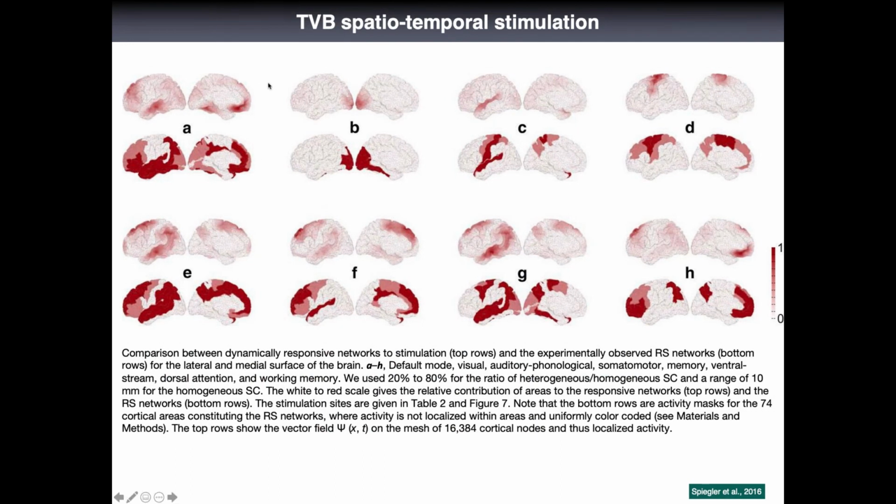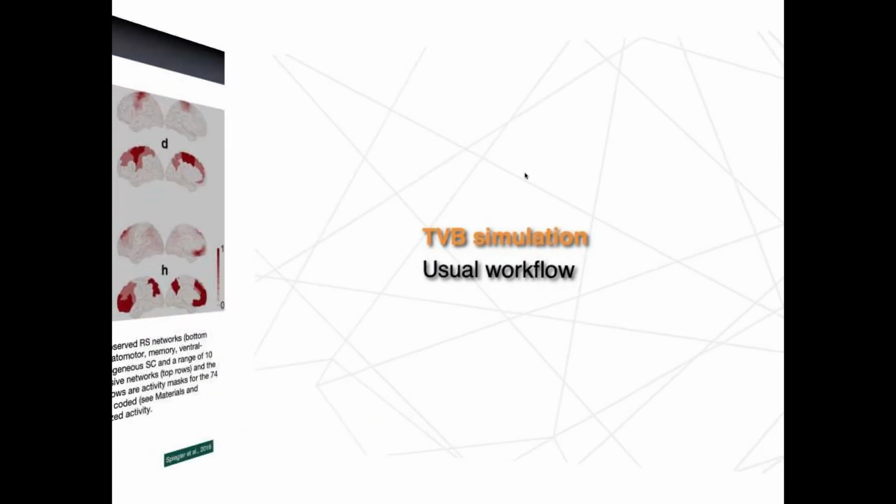The result was that, taken all together, different networks appeared, and the analysis showed that they corresponded to a large degree to the resting state networks we observed in fMRI, in correlations of BOLD fMRI, which shows how important the space-time structure of the brain connectivity we discussed is, because we can recover these resting state networks to a large degree.